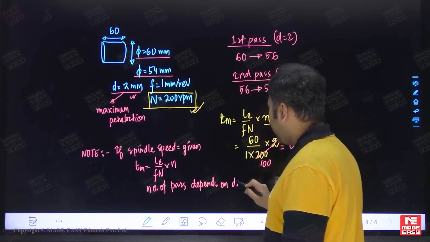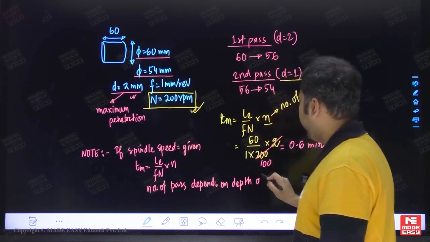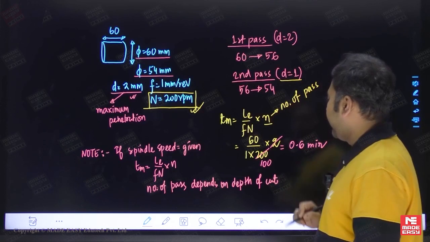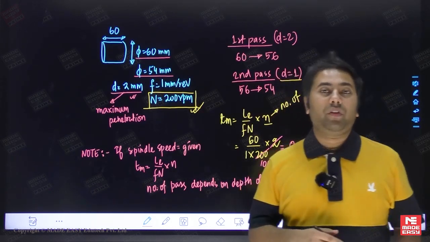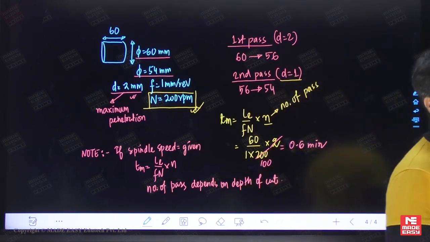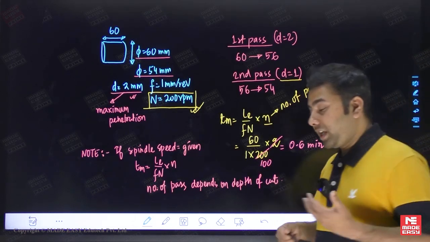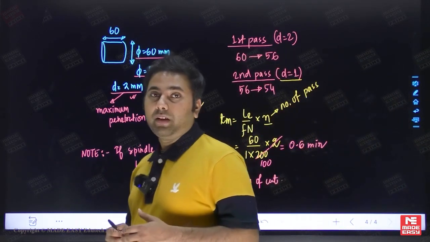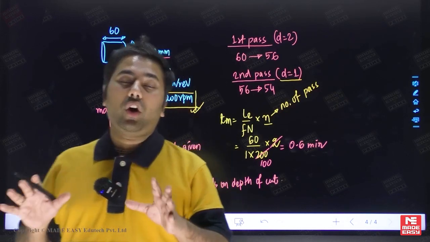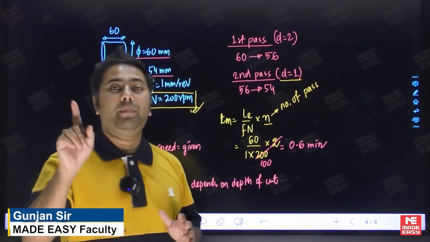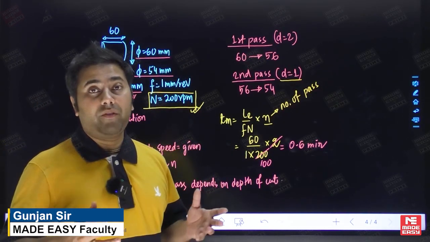If in this very question the depth of cut would have been 3 mm, then you would not go for 2 passes, rather a single pass will be enough for this case.